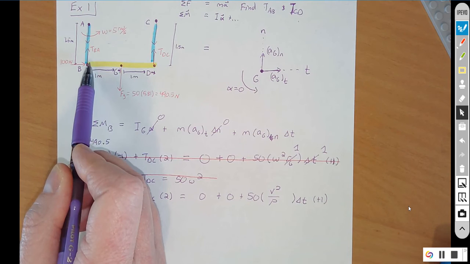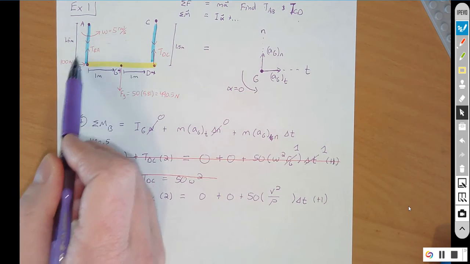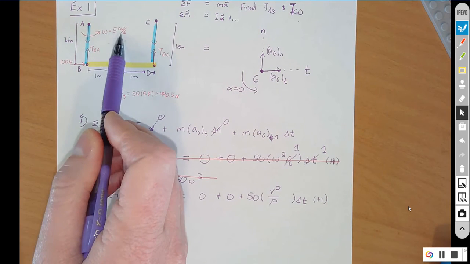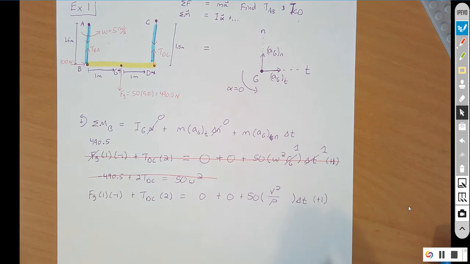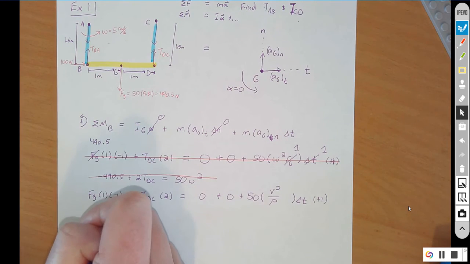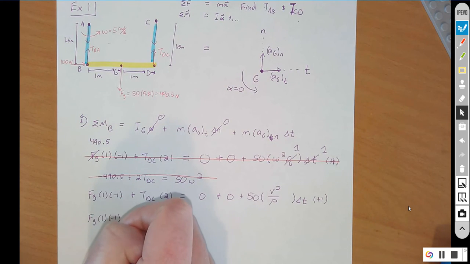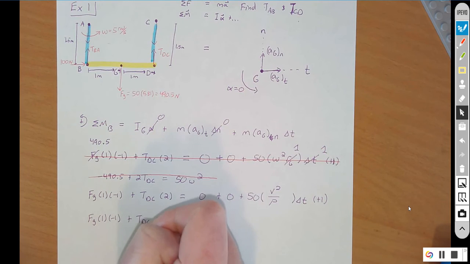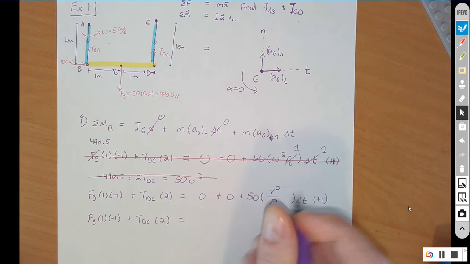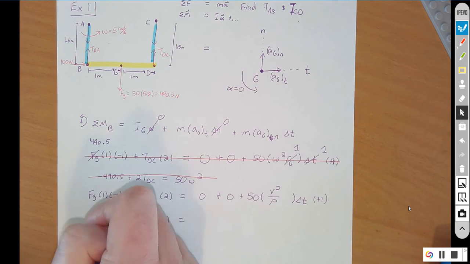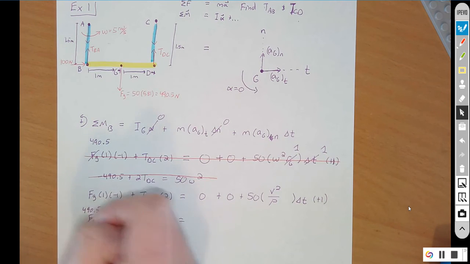That is just going to be this 1.5 meters times this 5, and that'll cause it to be to the right. So, FG minus 1 plus T. So just rewriting this, I'm going to skip these zeros. This is 490.5.